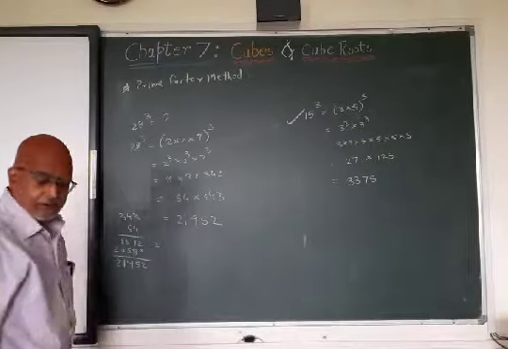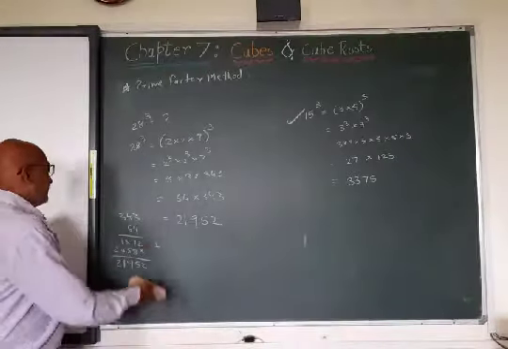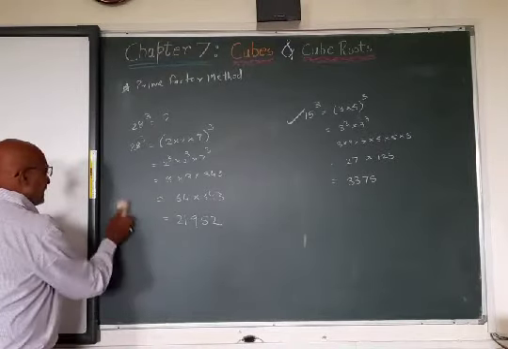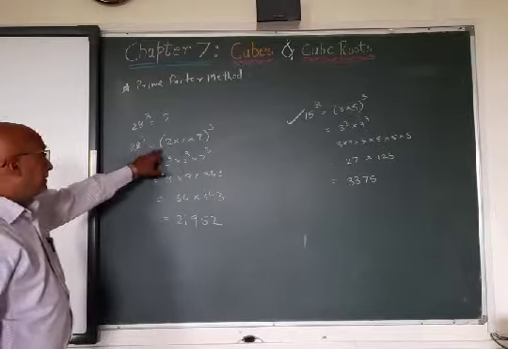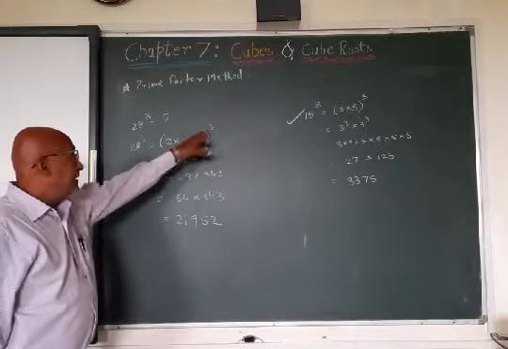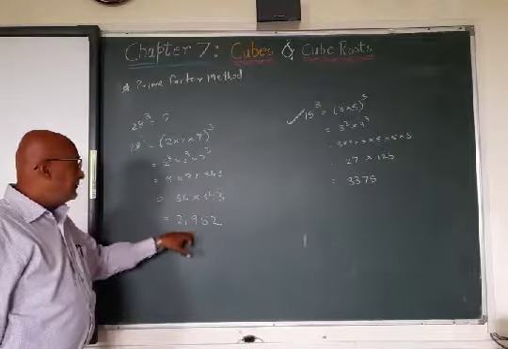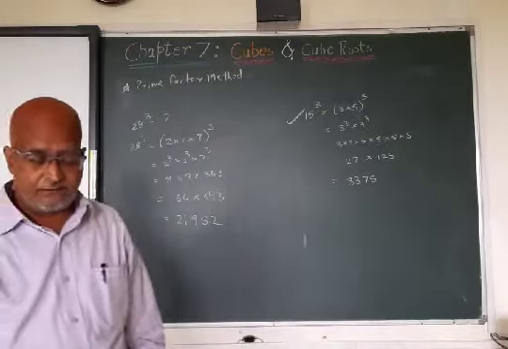So this is the shortest method to find out the cube of any number. First, write the prime factors. Take the cubes of those prime factors, multiply them. We can get it very easily.